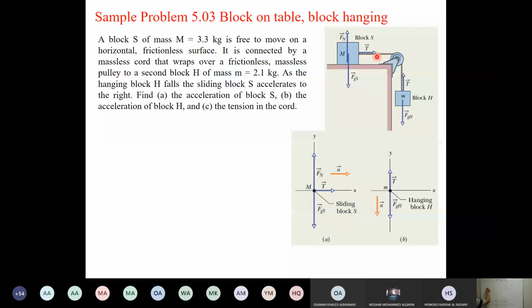I will be left with small m plus capital M times A equal to small m times g, and then divide both sides by this. A equals mg divided by m plus capital M. Now, looking at this problem, we know the small mass, capital mass, and g, all things are known. You guys can determine the A.